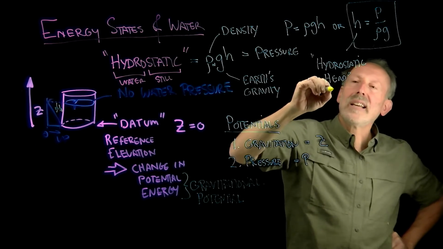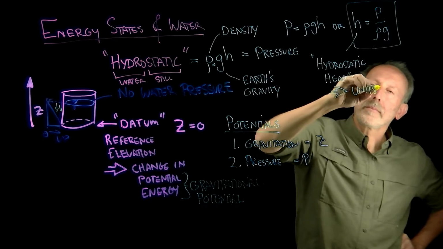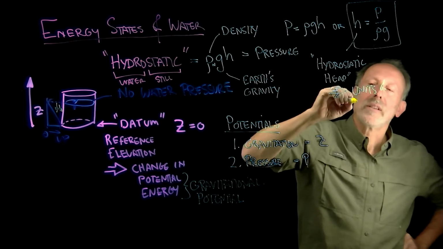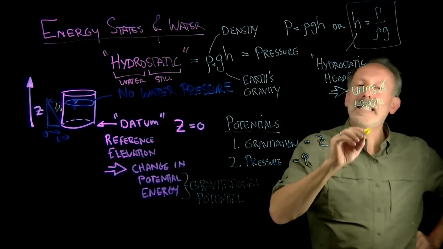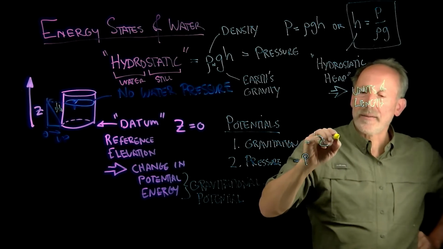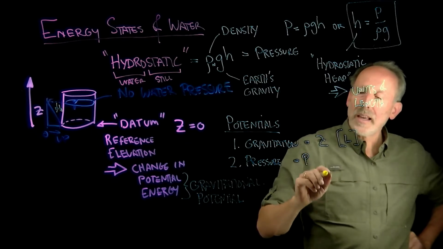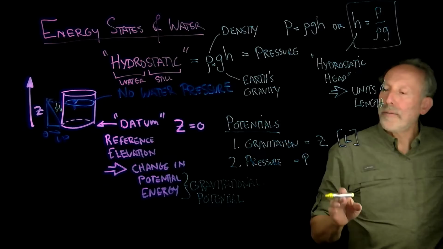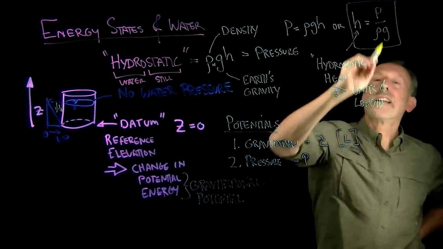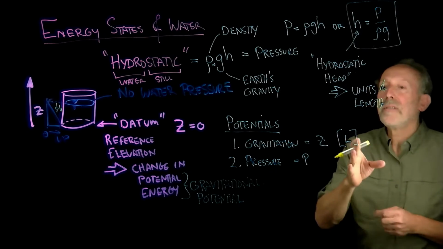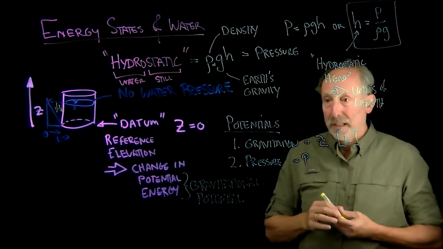And the nice thing is it has units of meters, units of length. But Z also has units of length. So what we often will do is work with hydrostatic head instead of pressure, because it's more convenient to have the same units in both of the two potential terms.